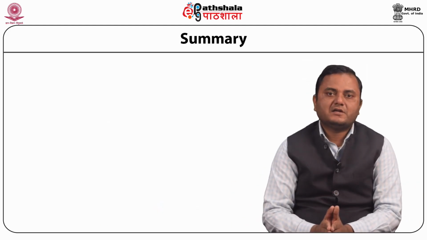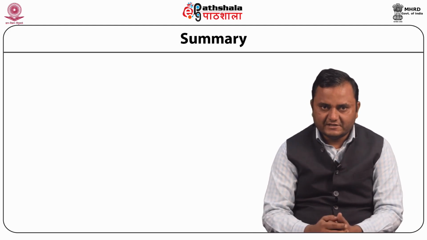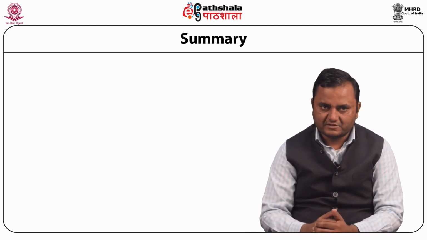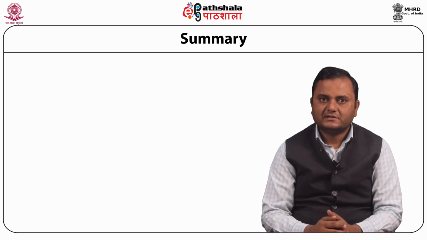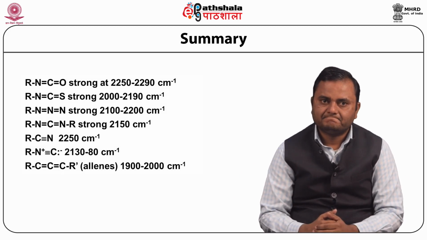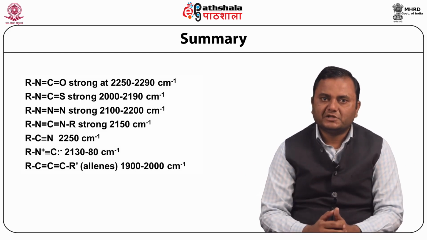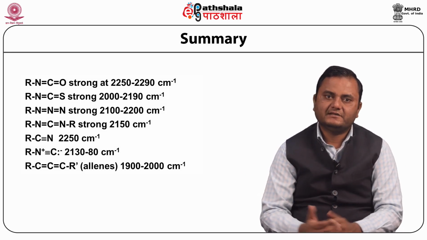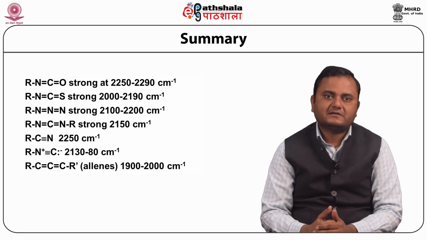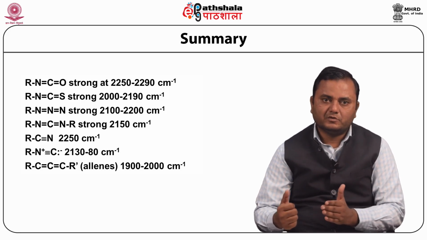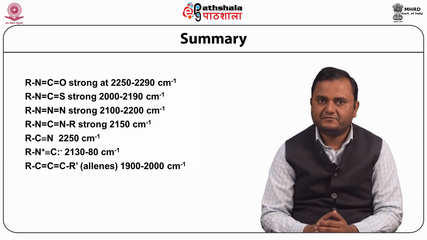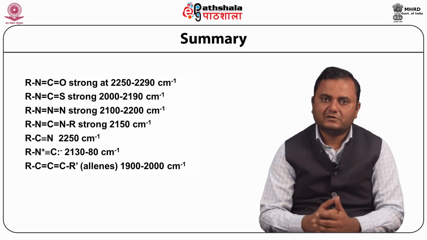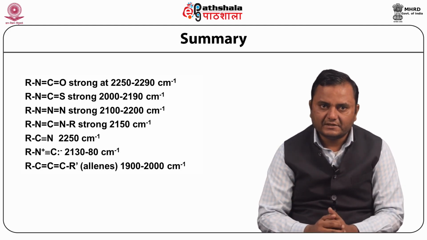So students, let's now summarize what we have learned in this module about IR spectroscopy, especially as used for biological molecules. For the different functional groups, the R-N=C=O bond gives a strong peak at 2250 to 2290 per centimeter.